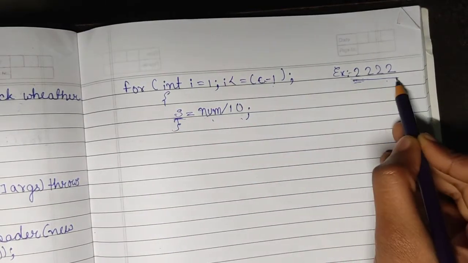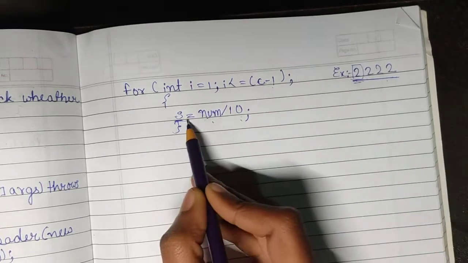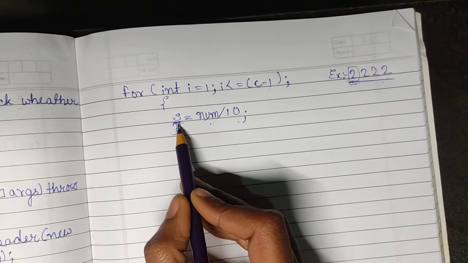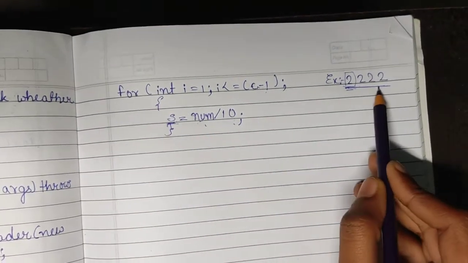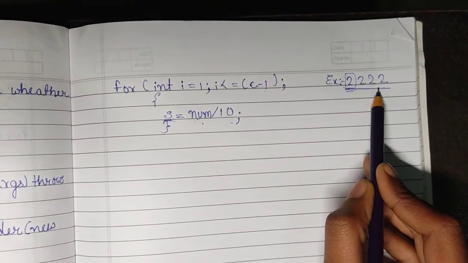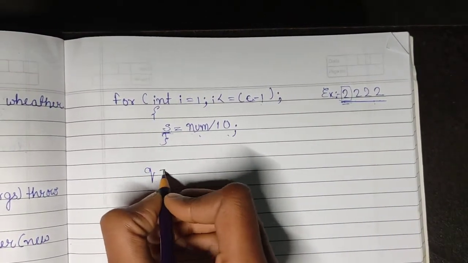So here the first digit of that number will be 2, which will be stored in the variable s, and previously we have stored the last digit of that number in t by finding the remainder of that number. So we get both digits, first and last.